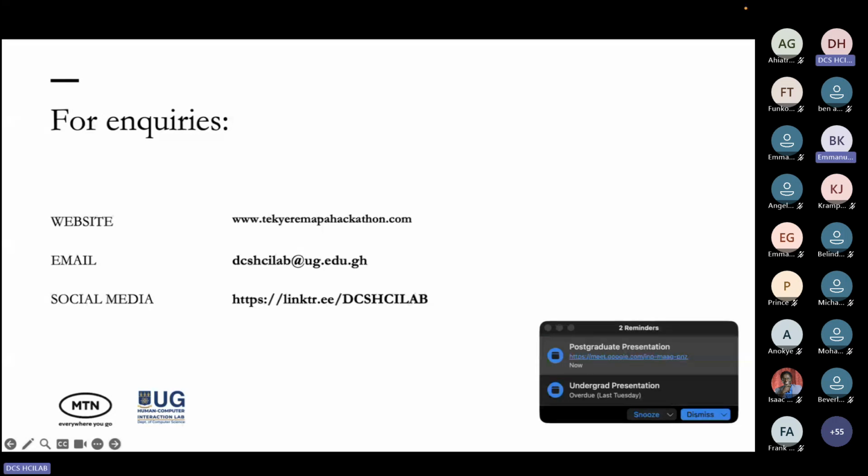Would you be given access to our ASR models? You mentioned that last year you had 3. So I'm asking, this year, since you have more than 1, if a team wants to work on, let's say, Ga and 3, will the team be given access to the 2, or are all of them in 1? Okay, at the moment, at the HCI lab, we have an ASR model for Akan and Ewe.